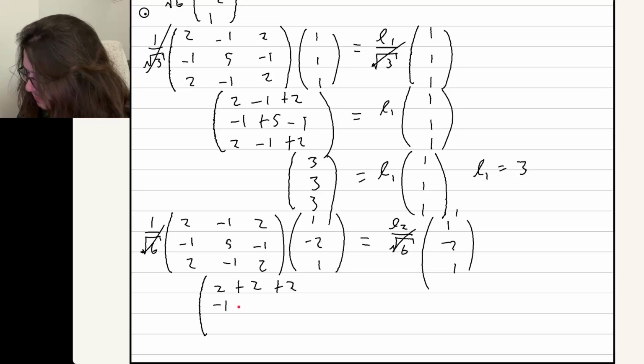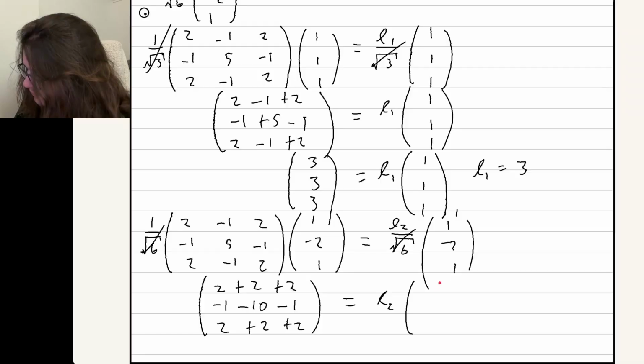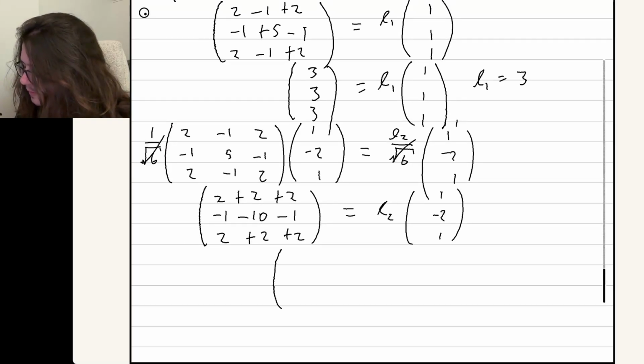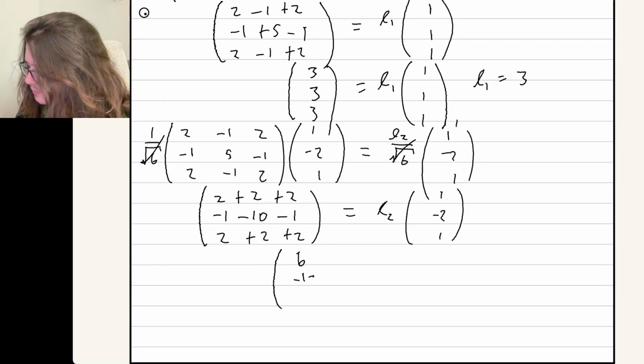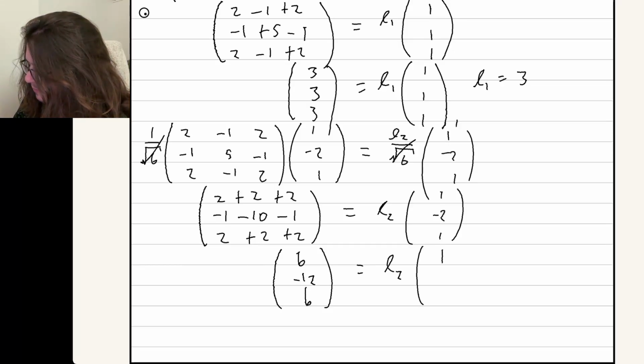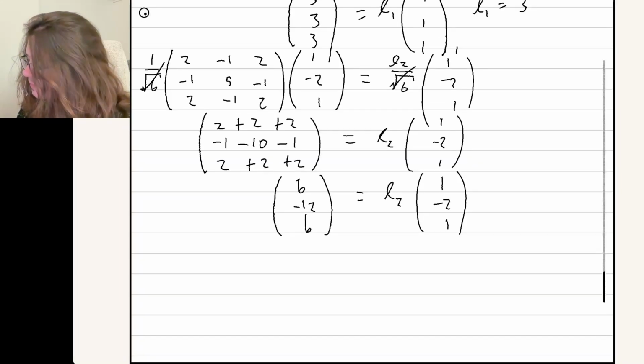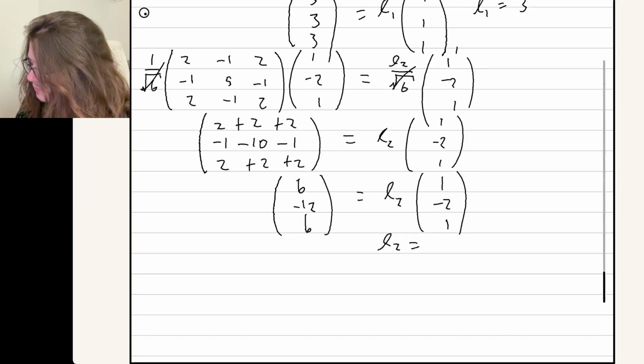On the left-hand side, carrying out the matrix multiplication, we get 2 plus 2 plus 2, and then minus 1 minus 10 minus 1, 2 plus 2 plus 2, as compared to just L2 times 1, minus 2, 1. So just doing the arithmetic in there, 6, minus 12, 6 on the left-hand side makes this straight up an eigenvector, just with L2 equals 6.